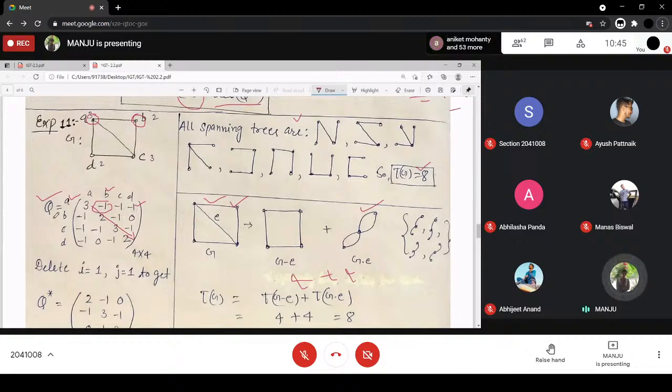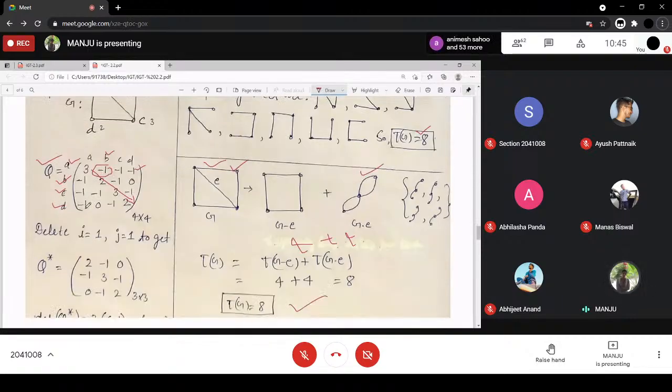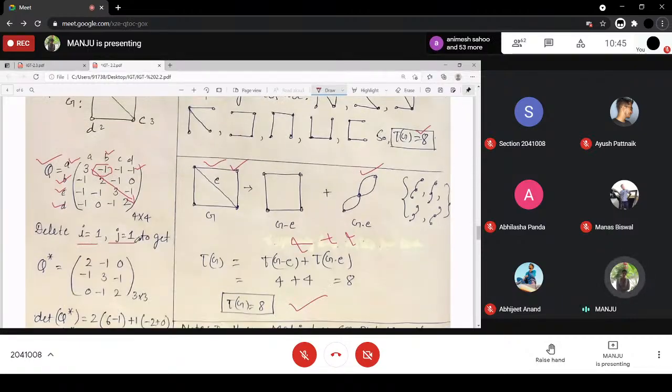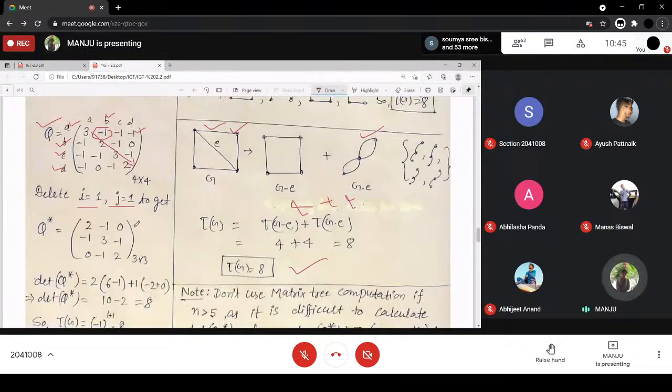Like this you can calculate for B, C, D, and delete any row, any column. Here I have deleted the first row, first column. So minus 1 raised to power 1 plus 1 will give you 2, and this will be neutralized. Clear? Q star you are getting as this one, since I deleted the first row, first column.